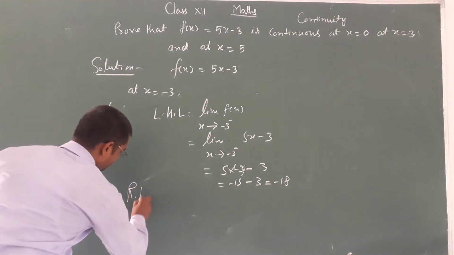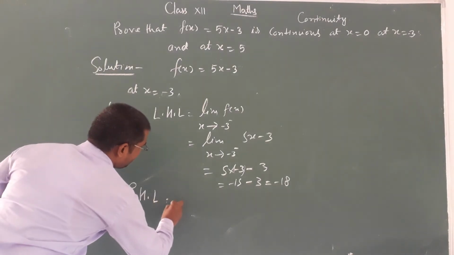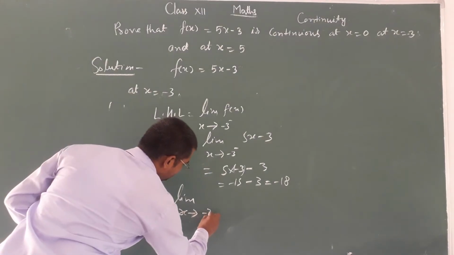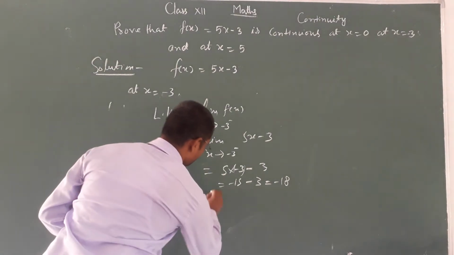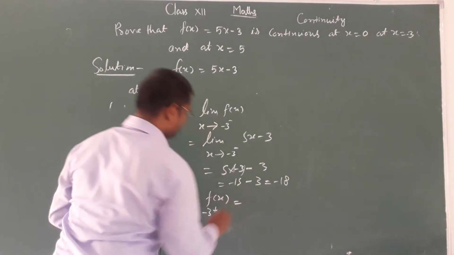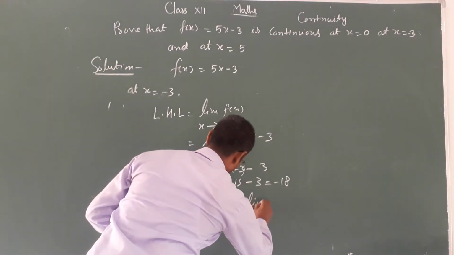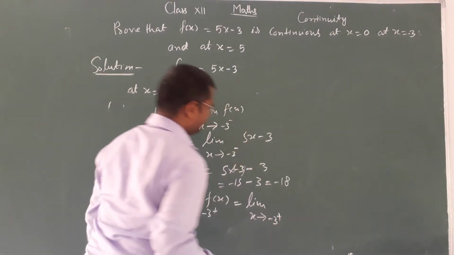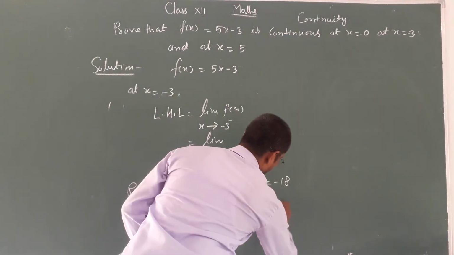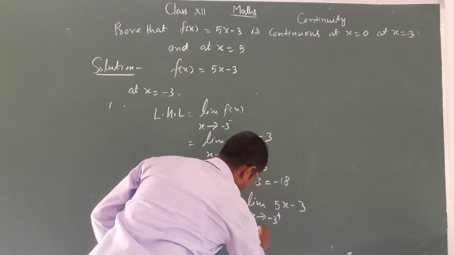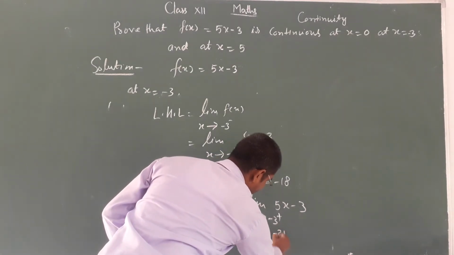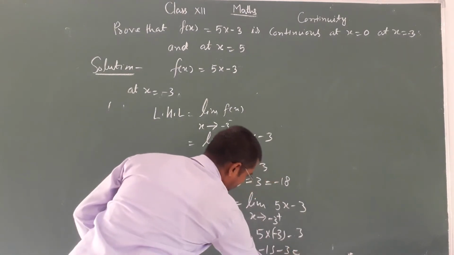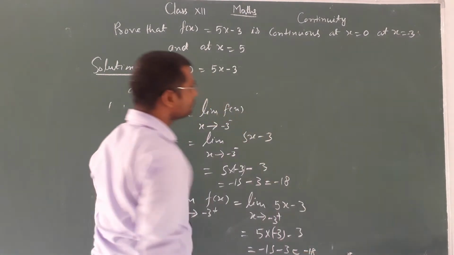Also the right hand limit as x tends to minus 3 of f(x) is the limit of 5x minus 3, that is 5 into minus 3, so minus 15 minus 3 is equal to minus 18.